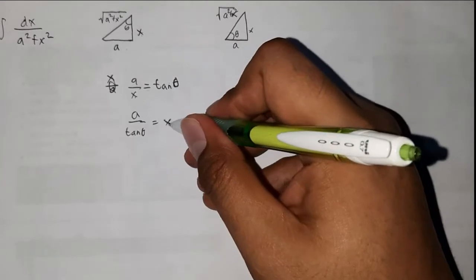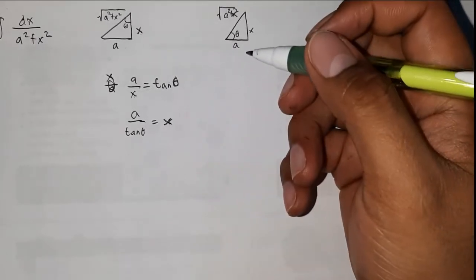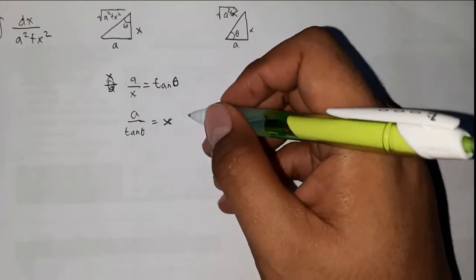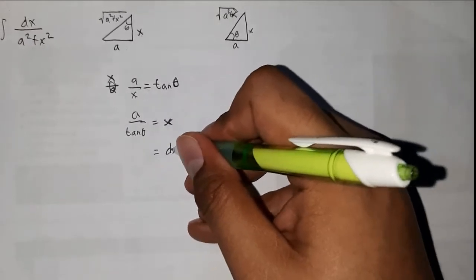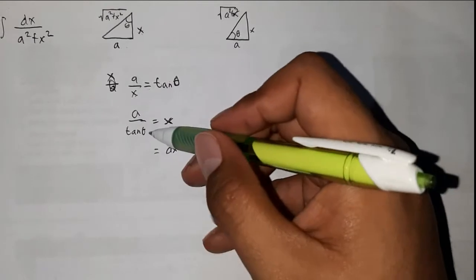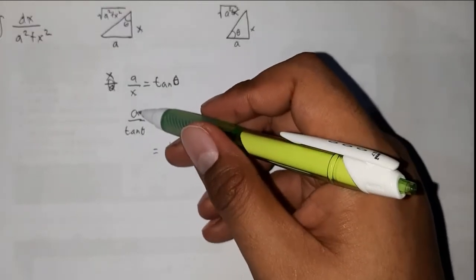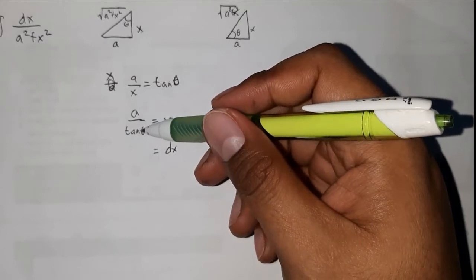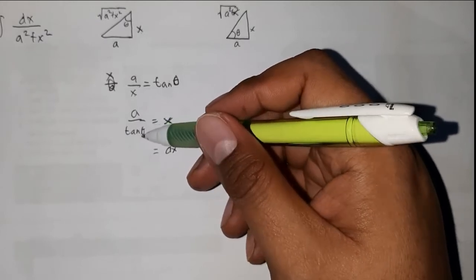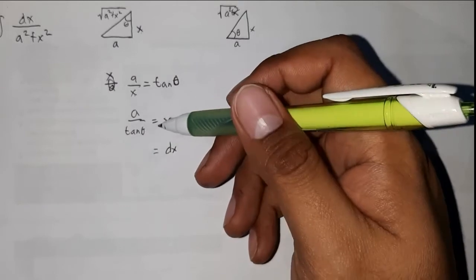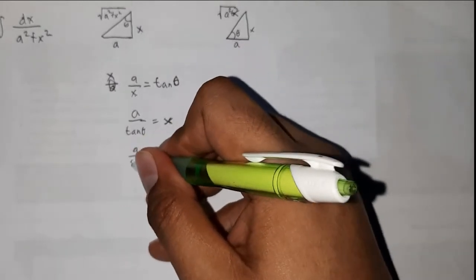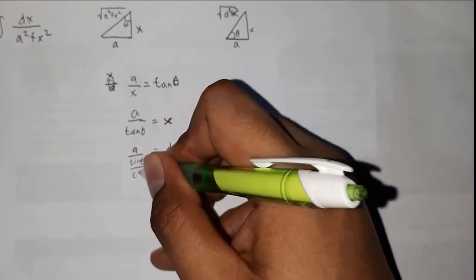Okay. So, dito, solve for dx. So, equals dx. So, again, si a, constant lang to. Si tangent theta, simplify natin si tangent theta ng sine and cosine. Okay. So, ito ay equal sa a over sine theta over cosine theta.